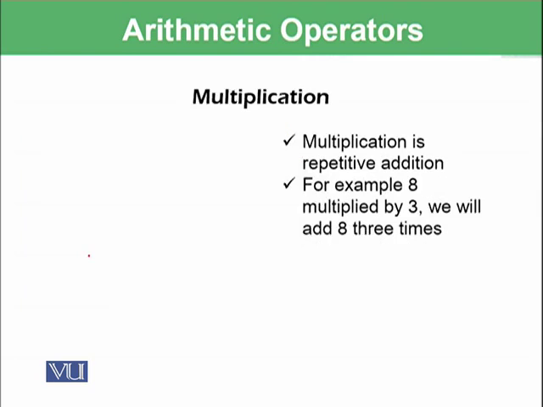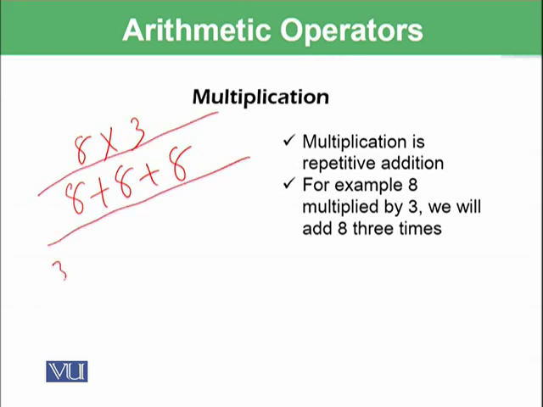And then what about multiplication? Multiplication is a repetitive addition. For example, if we want to multiply 8 with 3, we can do 8 plus 8 plus 8. So this would be the multiplication of 8. Or alternatively, we can also do 3 plus 3 plus 3 plus 3 plus 3 plus 3, 8 times: 1, 2, 3, 4, 5, 6, 7, 8.